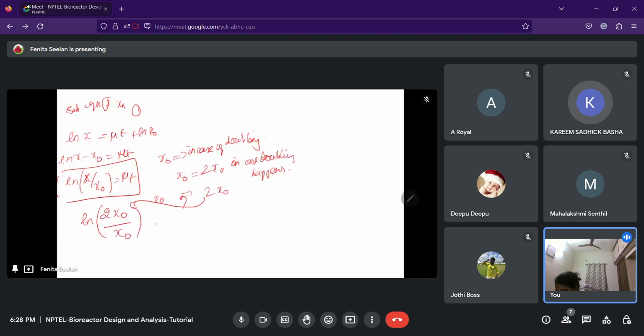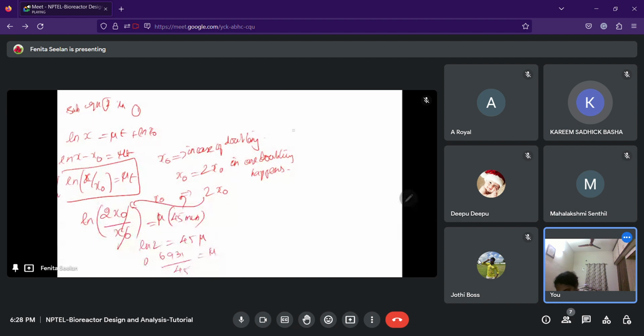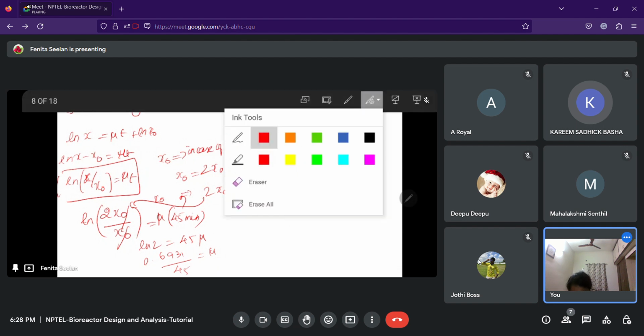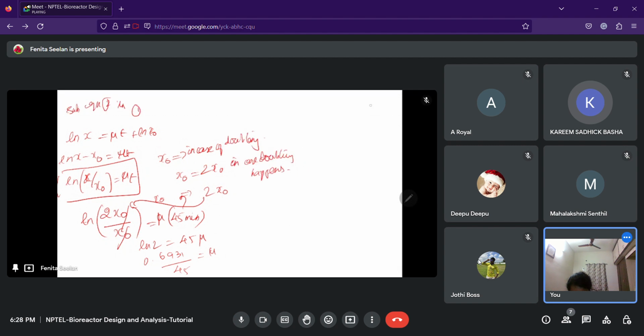Your mu we don't know, and the time is 45 minutes. So it is ln 2 equal to 45 mu. Ln 2 is 0.6931 divided by 45 is equal to mu. So what would be the mu value?